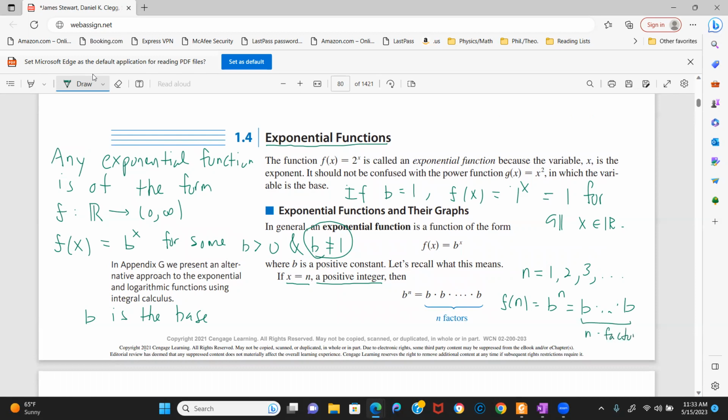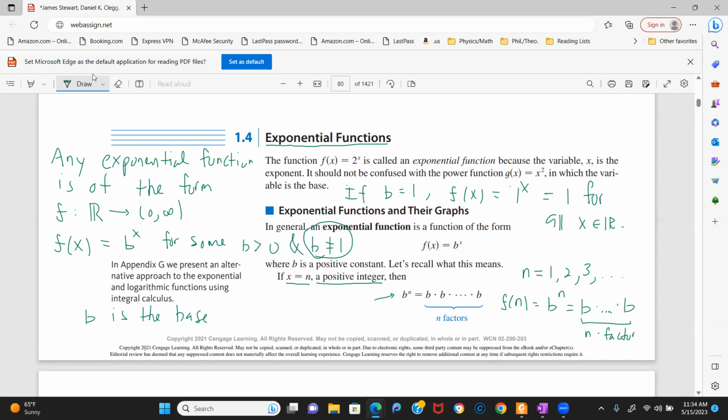So there are n factors, and that's exactly what we have written right here. It's just repeated multiplication. So when you want to evaluate f at a positive integer, you just do this repeated multiplication n times. That's pretty straightforward.